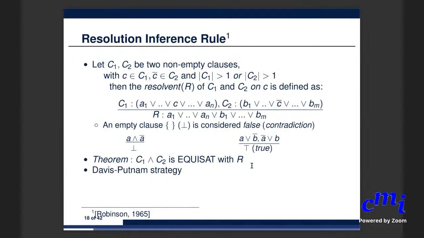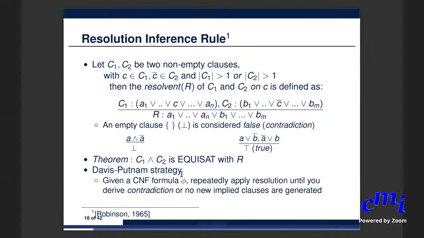Based on this, one of the early automatic methods was based on this resolution principle. That algorithm, or you may want to call it a strategy, because it was presented as developing resolution proofs, was really an algorithm to decide the satisfiability of formulas in conjunctive normal form. It was called the Davis-Putnam strategy, due to these two logicians.